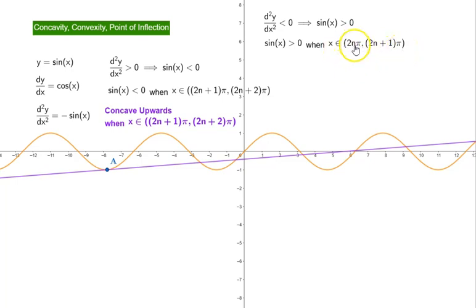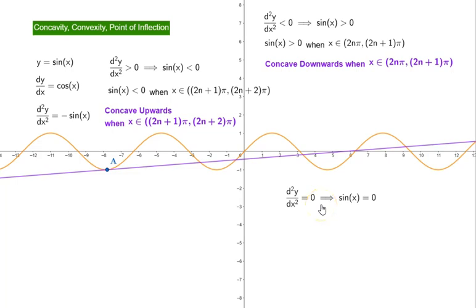Again, let's take one example. Let's say n equal to 0. We get 0 comma pi. So 0 to pi, sin x is positive. And here, that means that it is concave downwards when x is in this interval. d2y by dx square equal to 0.